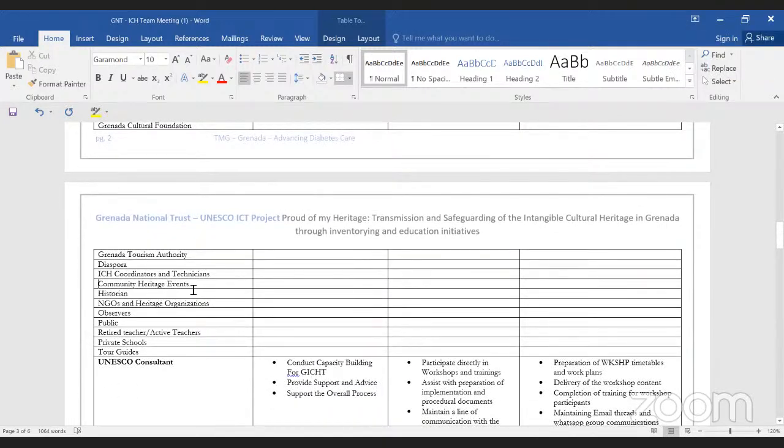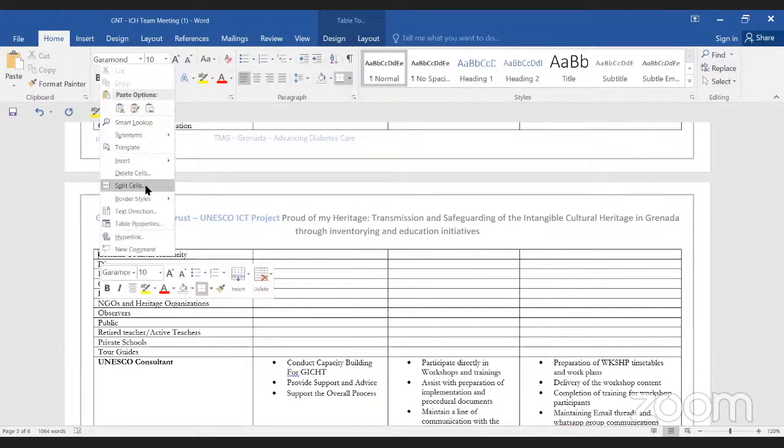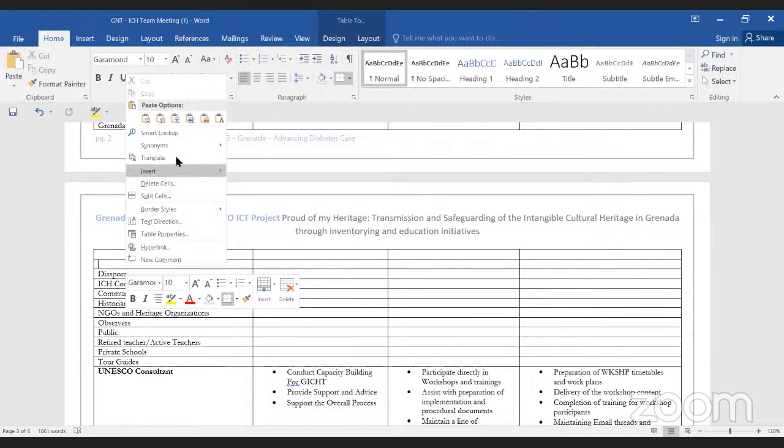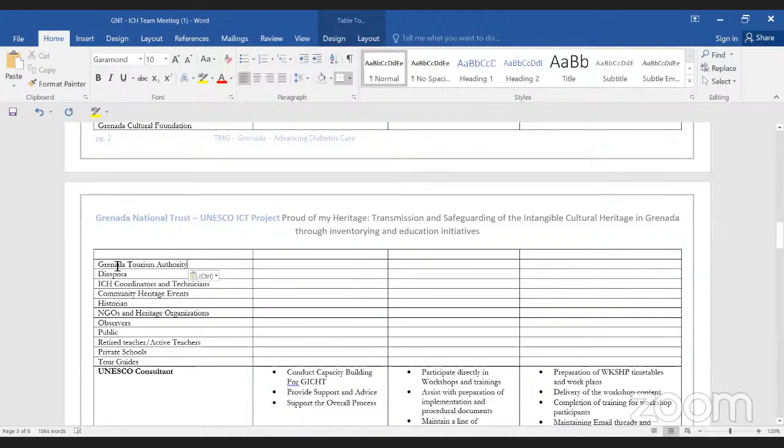We know that Spice Mass operates as an autonomous body, but they're still under the umbrella of the Cultural Foundation as well. So we can always furnish you or participate in any meaningful way that you may require to reach out to these people.